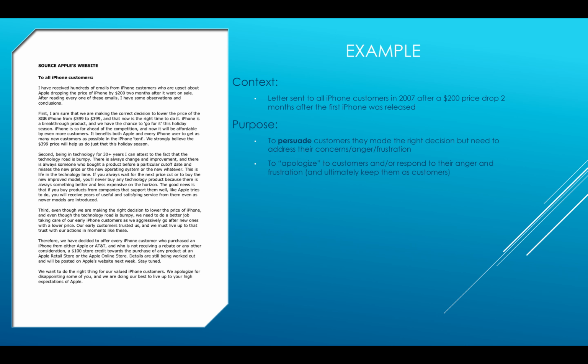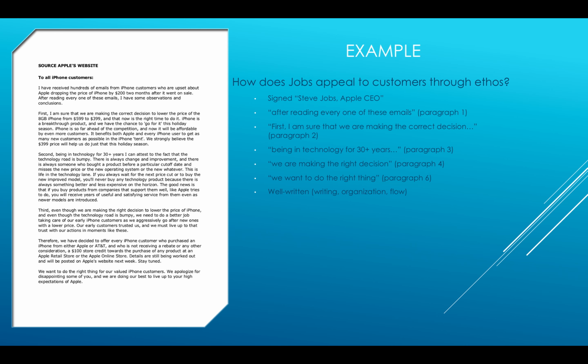So now we can look at it through the rhetorical appeals lens and ask ourselves, how does Steve Jobs try to appeal to customers through ethos by demonstrating credibility? So one quick way, at the end, you can't see it, didn't print on this first page here, but the only thing missing from this document is his signature, which said Steve Jobs, Apple CEO.